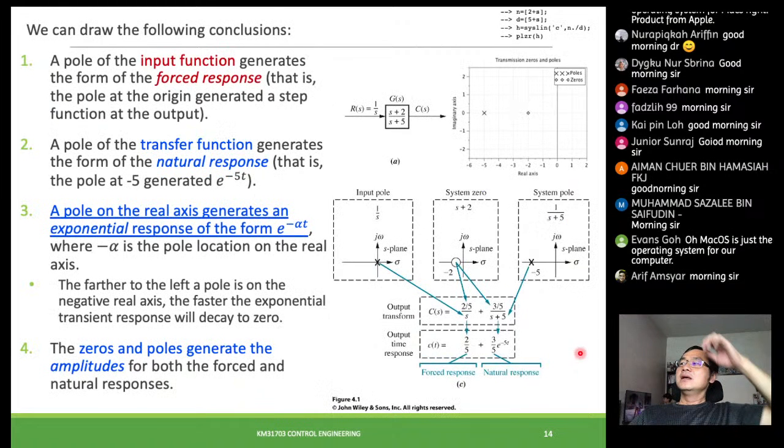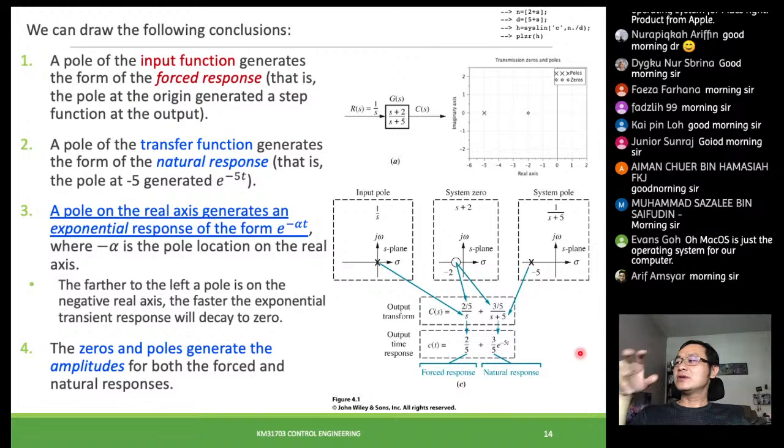Okay, then next would be how we can draw from that particular. Remember, our mission today is to use the poles and zeros to tell us something, right? How it will form those so-called responses.